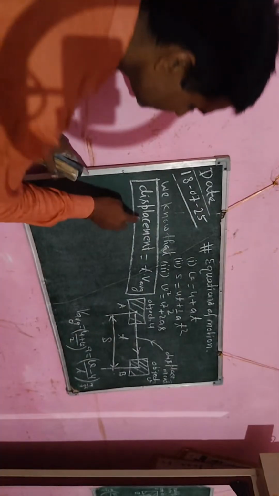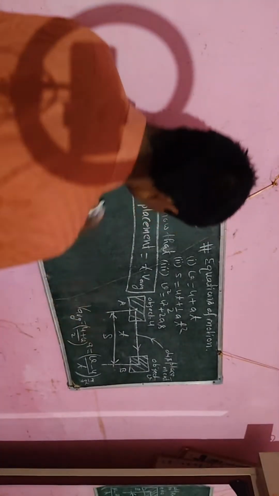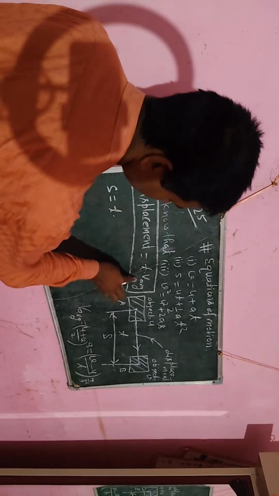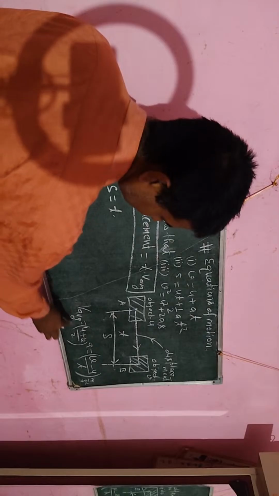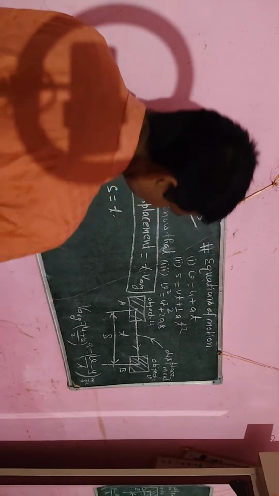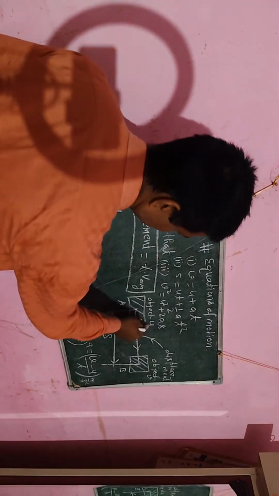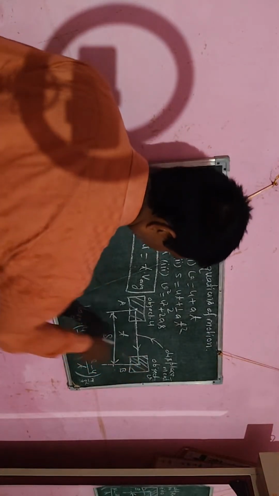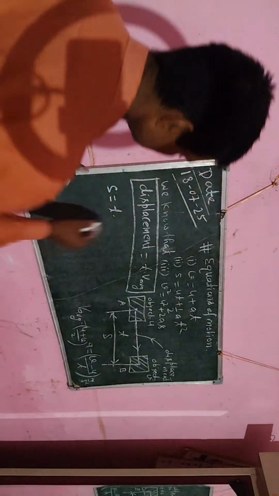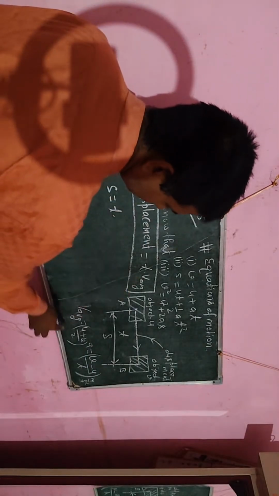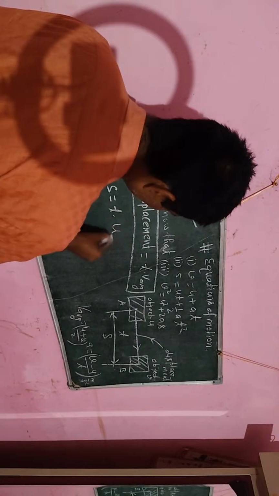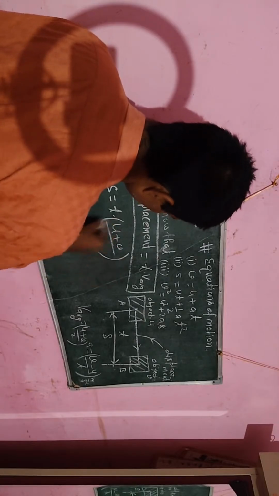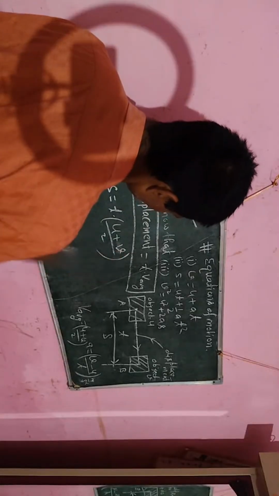So in place of displacement I write s, equal to t, and in place of average velocity I put (u plus v) divided by 2, because the initial velocity is u and the final velocity is v.